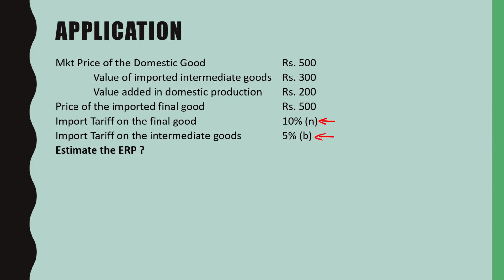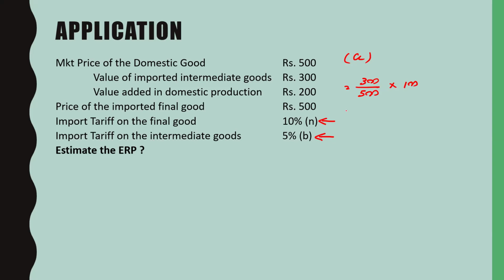Get it? We need to do a small calculation to figure out the A component. What is the A component? A is the percentage of imported inputs or imported intermediate goods within the final product value. So what you do is 300 divided by the final product value, 500, into 100.